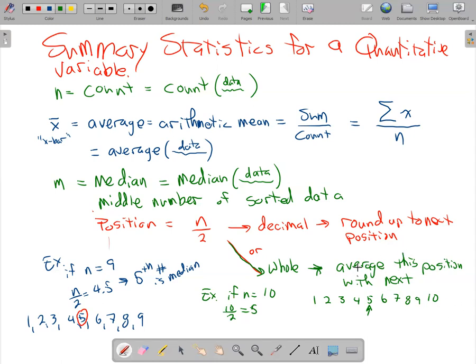So my rule there is we average whatever number is in that position with the next one. We average these 2 numbers, whatever they are. They may be 5 and 6, but it could be something else. Depends on the number list. So average these. Spreadsheet makes that decision for us when we say, hey, find the median.